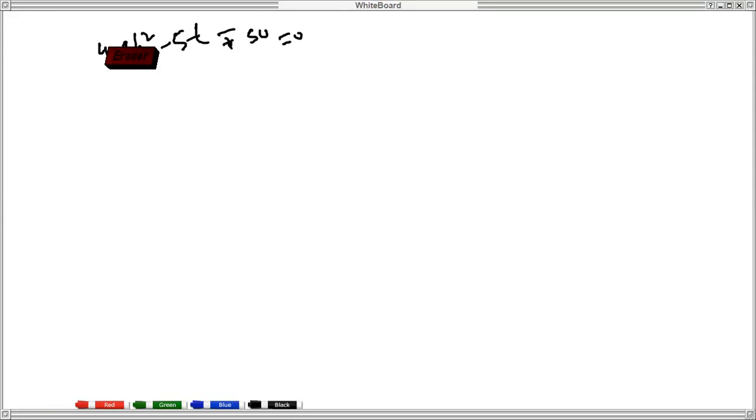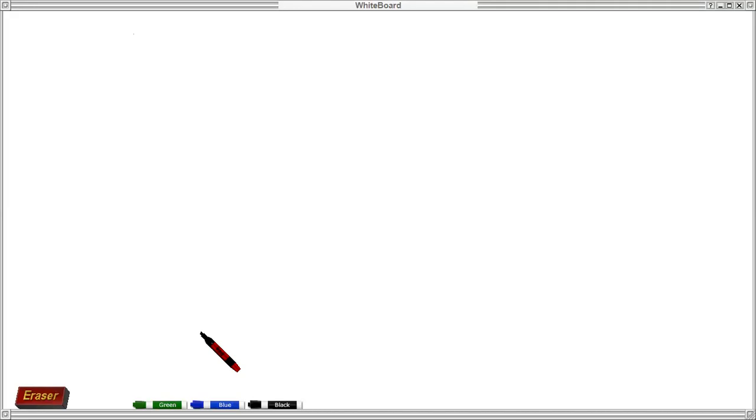Again: 4.9 t square minus 5t and minus 50 equal to 0.